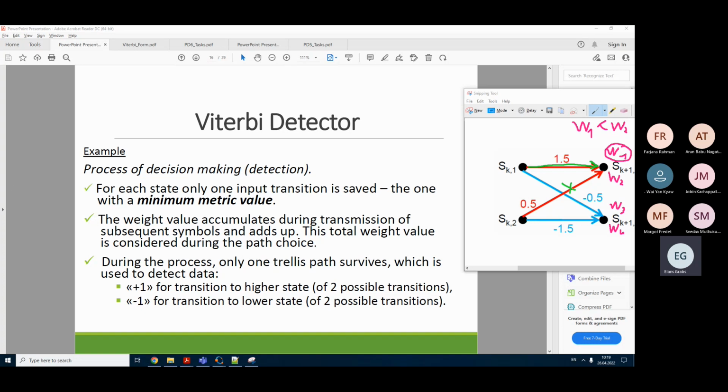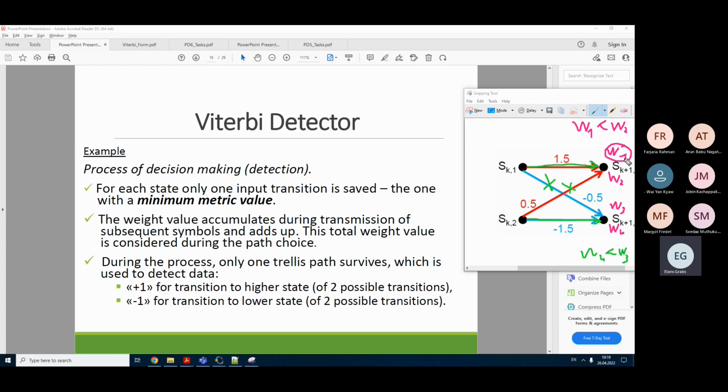Accordingly, we do a similar thing for the second, and consider here, for example, that W4 is smaller than W3. Then this path survives, and this is left. So of the two incoming paths, we choose to let only the one with the smallest metric survive. That's exactly how this algorithm will work.